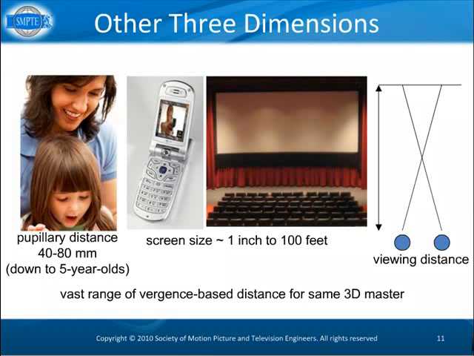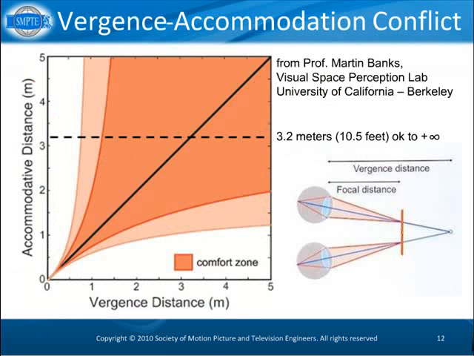If it's 50 feet, that's pretty difficult for someone's arm to be believable. So we have a vast range of vergence space distances for the same 3D master. Vergence space is how your eyes are pointing. That's the vergence of the eyes. There can be convergence when the eyes are pointing towards the center, and divergence when they're pointing apart. So let's see what that looks like.